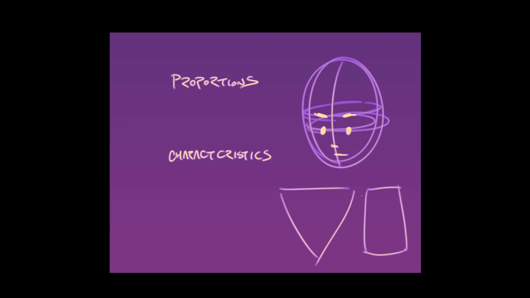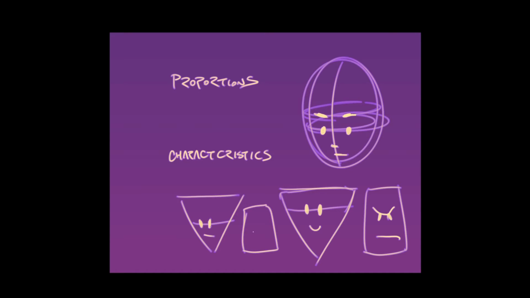Okay, if these are the two characters in your world and that was it, and you draw this character like this and you draw this character like this, even if you kind of drew this character like this where the eyes are much higher here and here they're lower, if these are the only two characters, because they're so different from each other, it'll still look fine. Like maybe this one's eyes are up there, it's still gonna read as this one is this one and this one is this one. They're the same character.